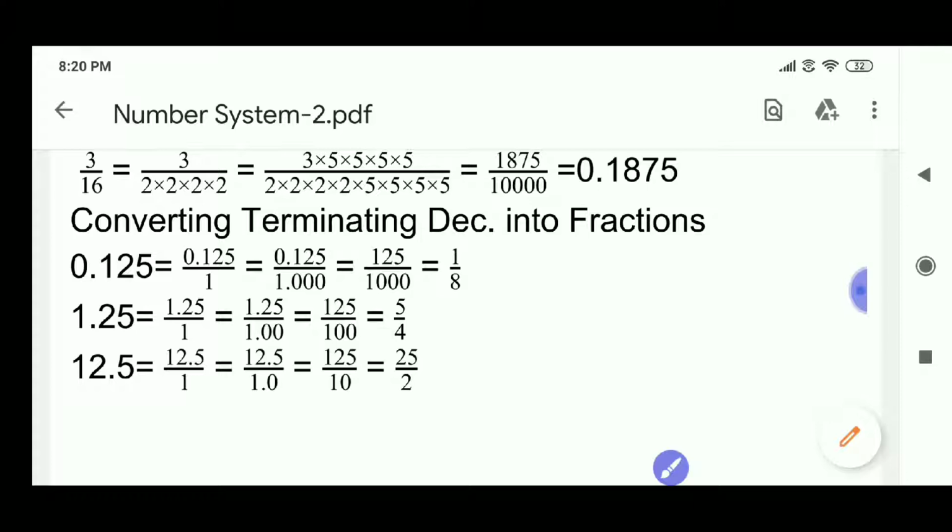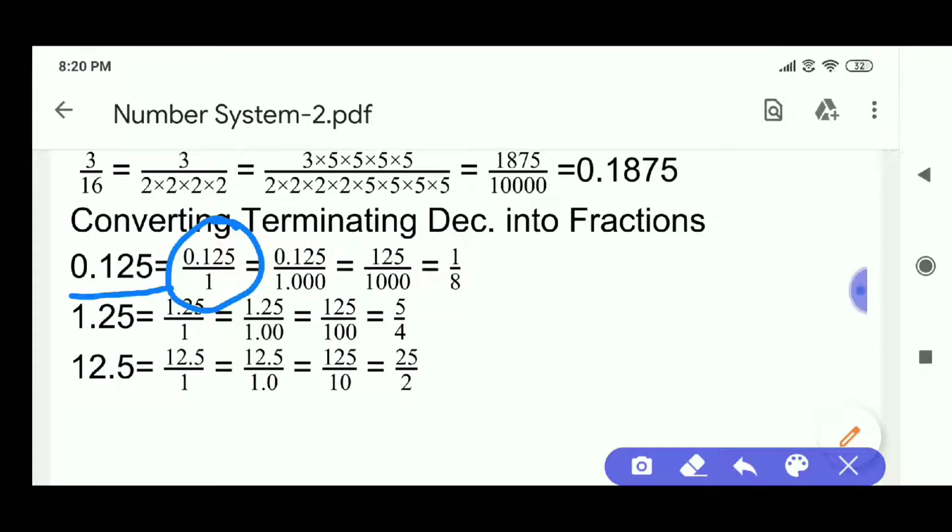Here we are converting 0.125 as a fraction. 0.125 is nothing but 0.125 by 1, and the denominator 1 can be written as 1.000. Now we can eliminate the decimal point, because after the decimal point the number of digits is the same. So it becomes 125 by 1000. By simplification, it is 1 by 8.